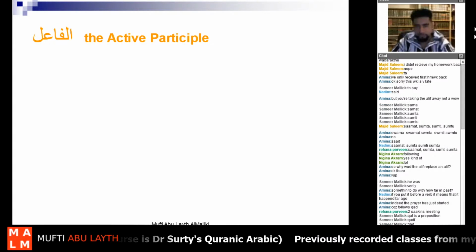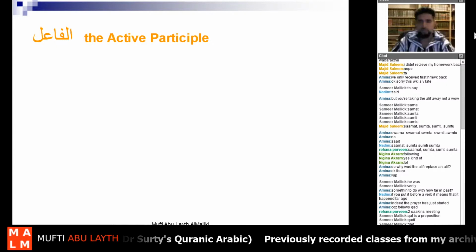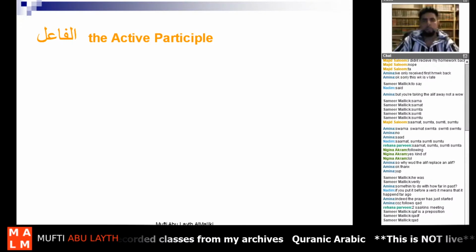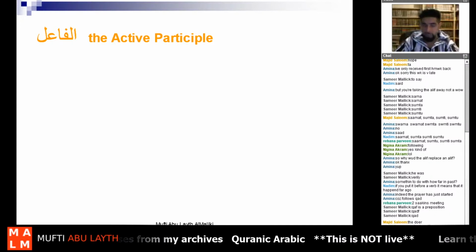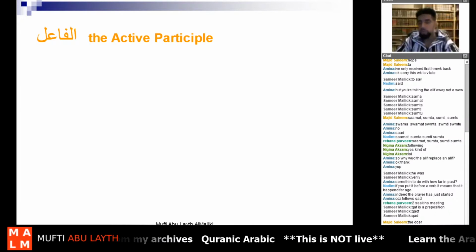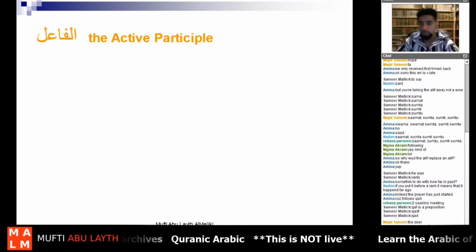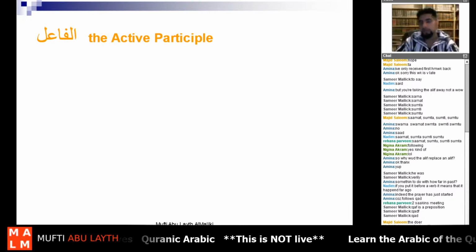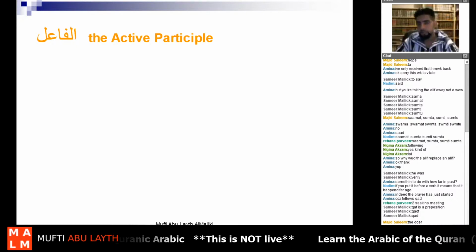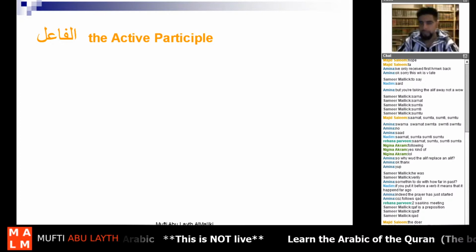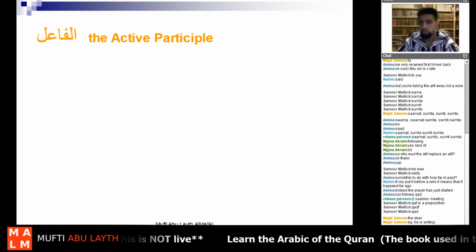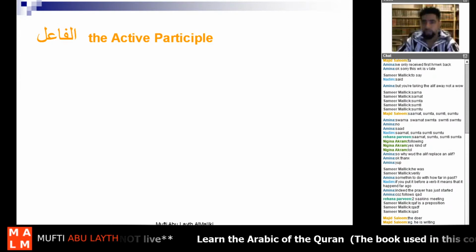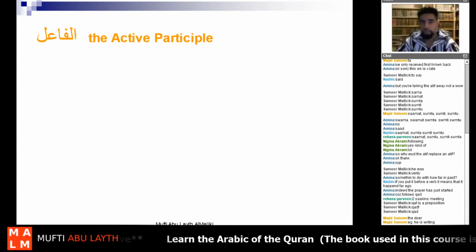The doer. Right, the person that does something, e.g. he is writing. So either the doing or the doer. Because he wrote is a verb, and the active participle is a noun. It describes a person that is doing that action, as a writer or writing.